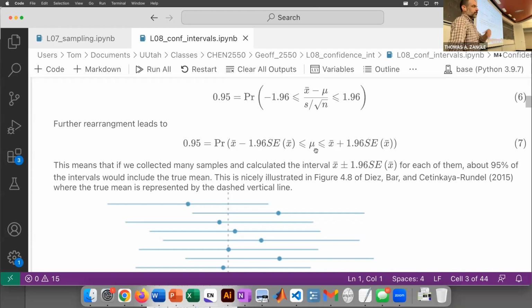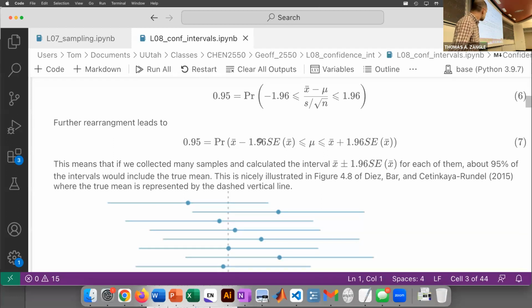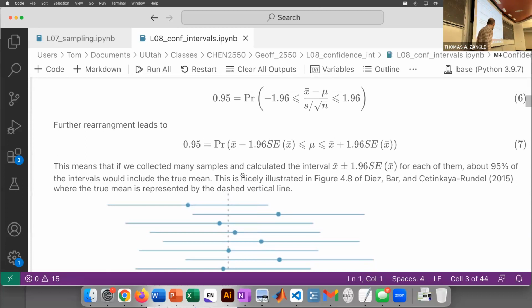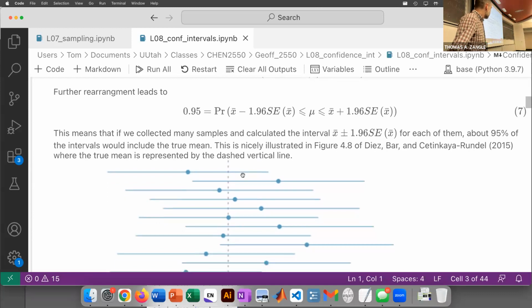One consequence of this is that 95% seems pretty confident, but that means there's about a 5% chance that we're wrong. So there's a 5% chance that the true mean lies outside of that range of plus or minus 1.96 times the standard error. And that 5% chance is about 1 in 20. So we expect about 1 time in 20 that we're actually wrong, that our true mean is outside of this range.